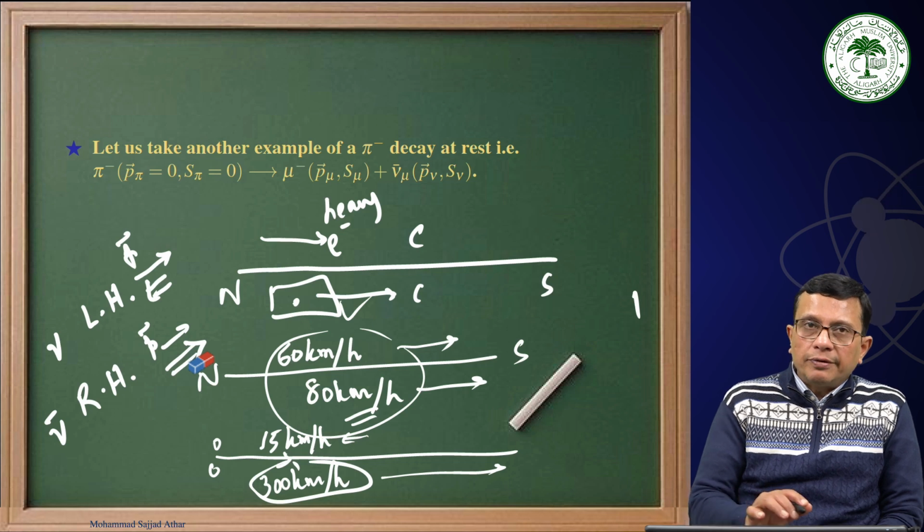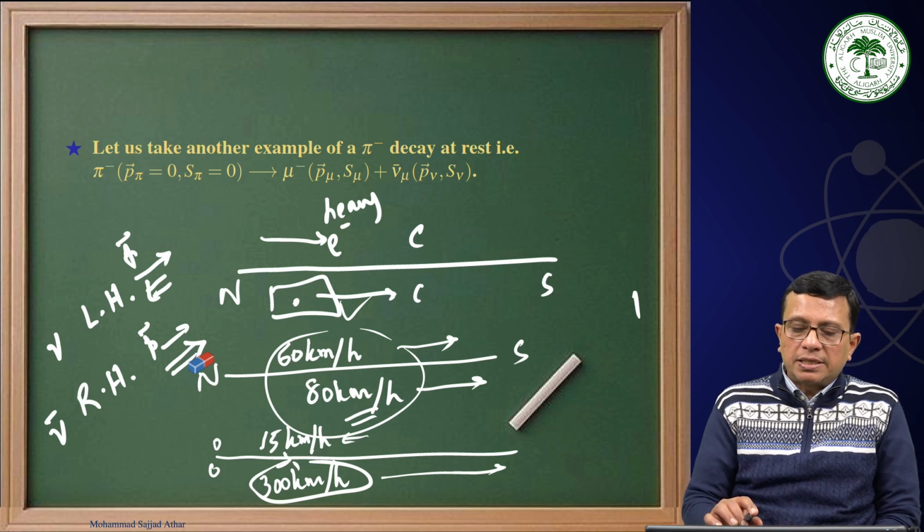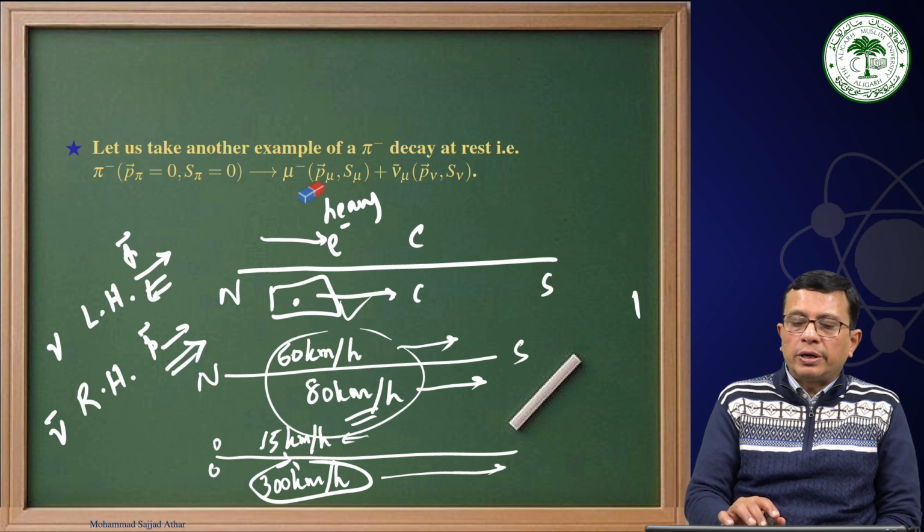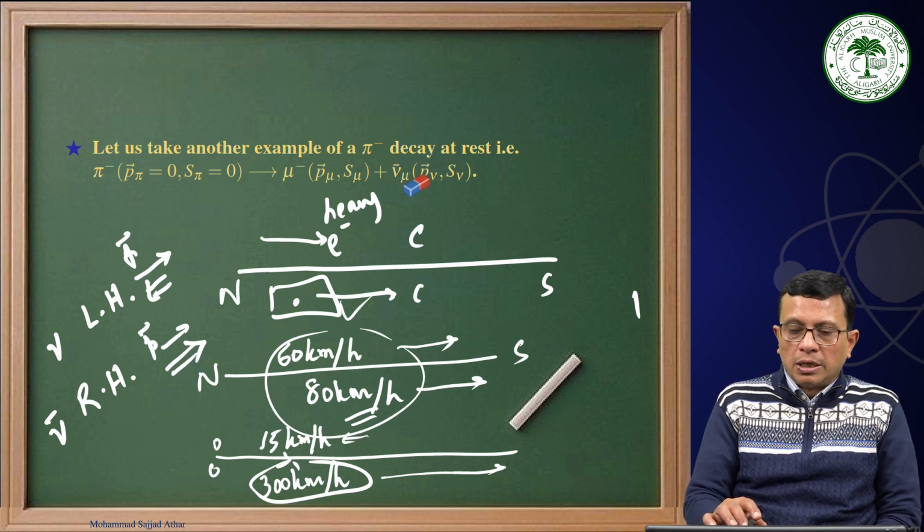And then we are going to take a simple example of pion decay. A pion decays to a muon and an anti-neutrino.